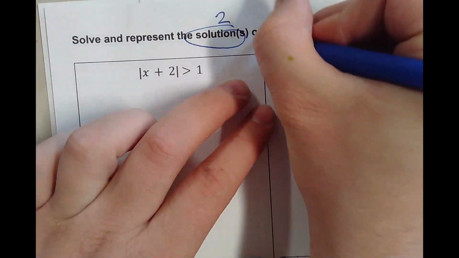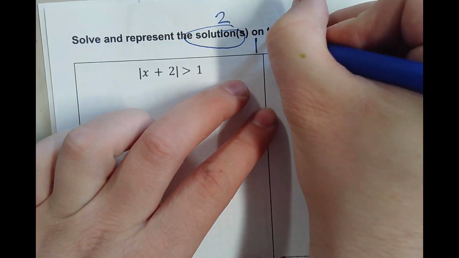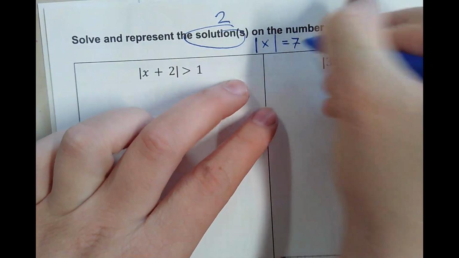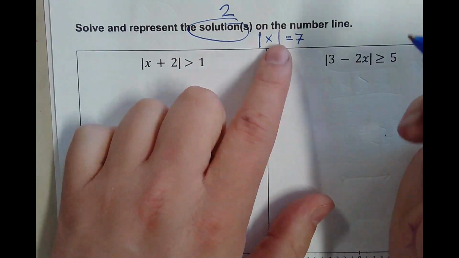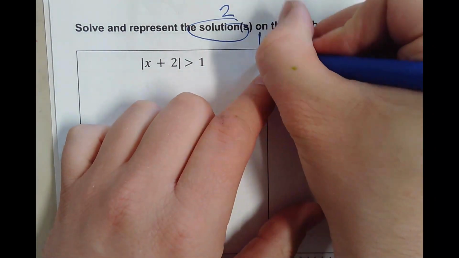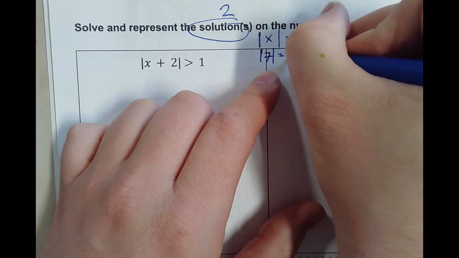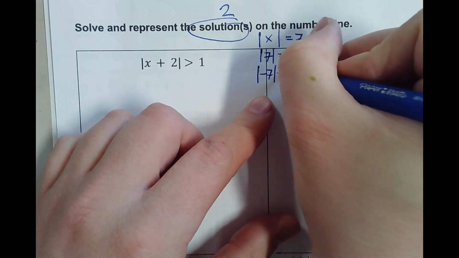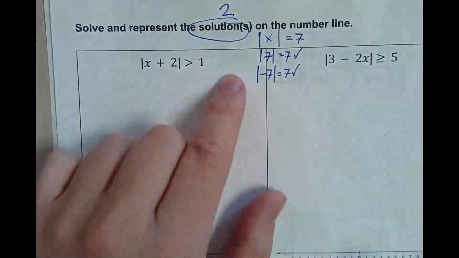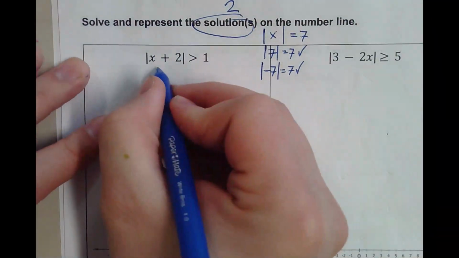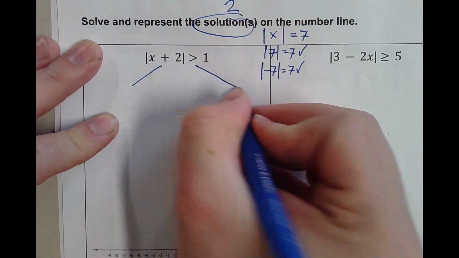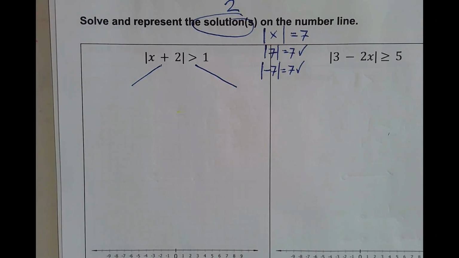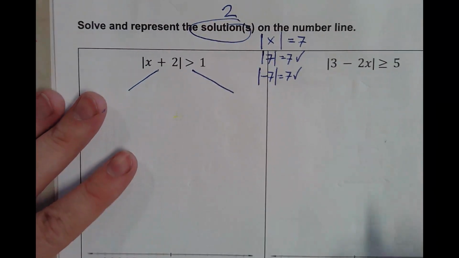Remember, the absolute value of a number, for example, equal to 7, has two answers. The first answer is 7. That's true. The second answer is -7. And that's also true. So that means we're going to split this into two solutions.